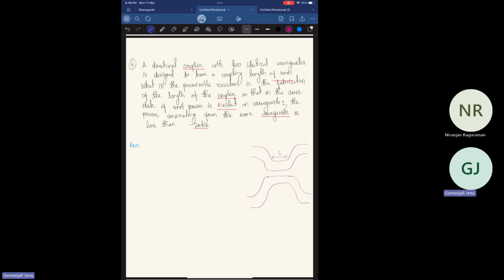So it is asking what is the permissible variation in L, that is L plus or minus delta L, so that we can have the power in the same port, that is P1, less than minus 20 dB.